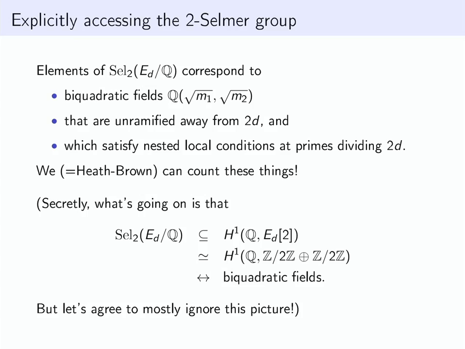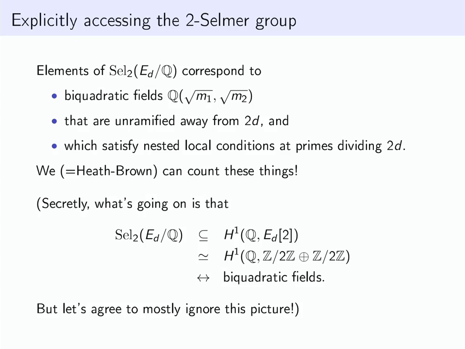And it turns out that this corresponds pretty much exactly to this set of biquadratic fields, because biquadratic fields are the things which have Galois group Z2 cross Z2. So this basically means you're counting biquadratic fields. So it's not quite as scary as it might otherwise be. But yeah, let's mostly ignore this picture.